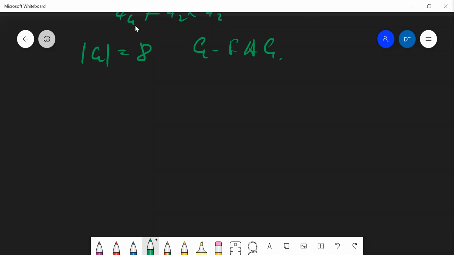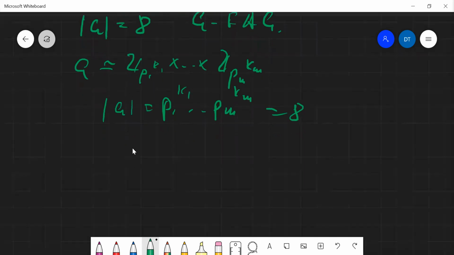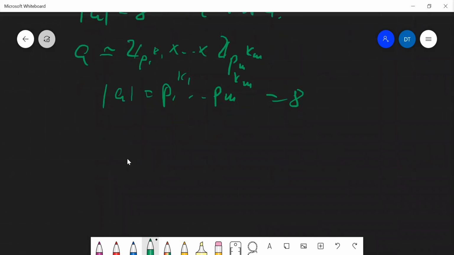Well, you see, by the classification theorem, we know that our finite abelian group must be of this form. Let's reduce this finite abelian group to the second form. Its order, if we compute using this presentation, is just the product of these numbers, and it must be 8. So the only options for these cyclic subgroups are cyclic subgroups of order a power of 2.